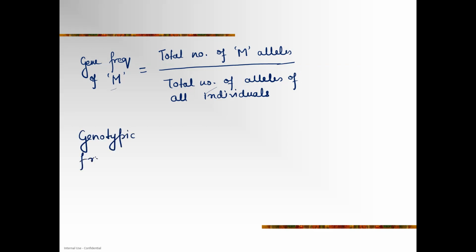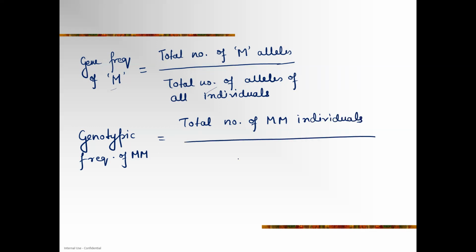Genotypic frequency of capital M. What will it be? It will be the total number of MM individuals divided by the total number of individuals in the population.